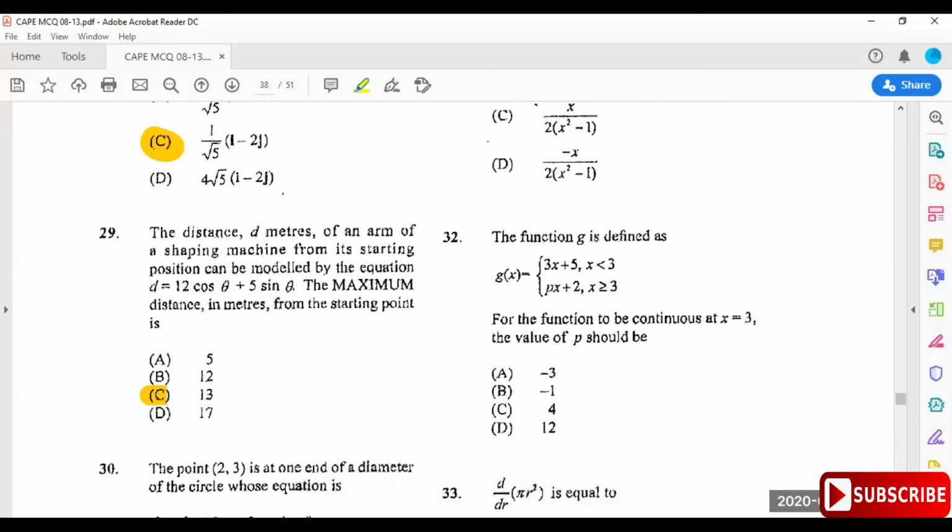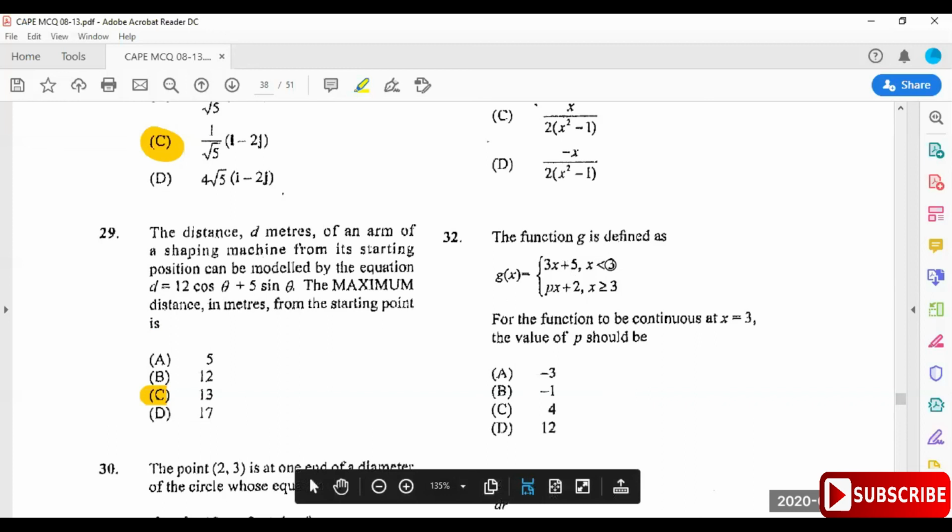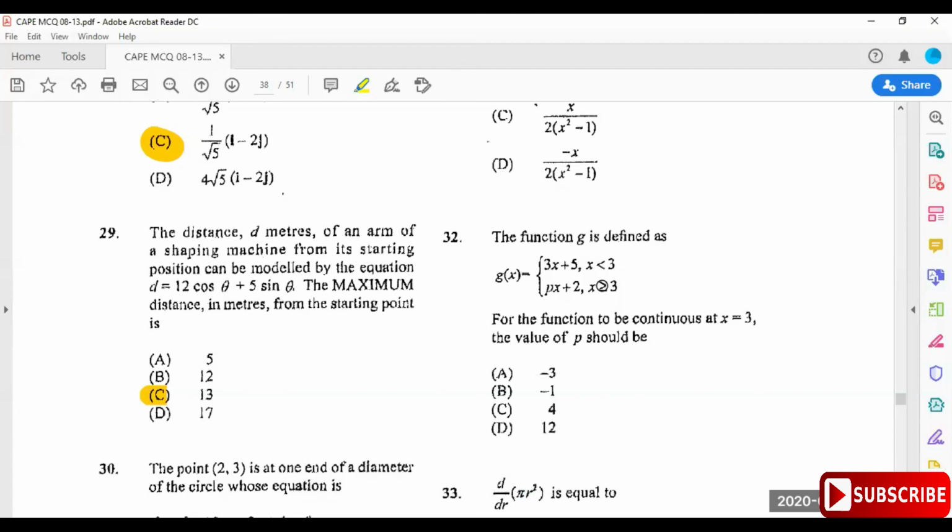Now question 32 is also quite easy. It says the function g is defined as g of x equal to 3x plus 5 when x is less than 3, and it's equal to p times x plus 2 when x is greater than or equal to 3. Now find the value of p that makes the function continuous. If the function is continuous, then g of 3 on the left-hand side must equal g of 3 on the right-hand side.